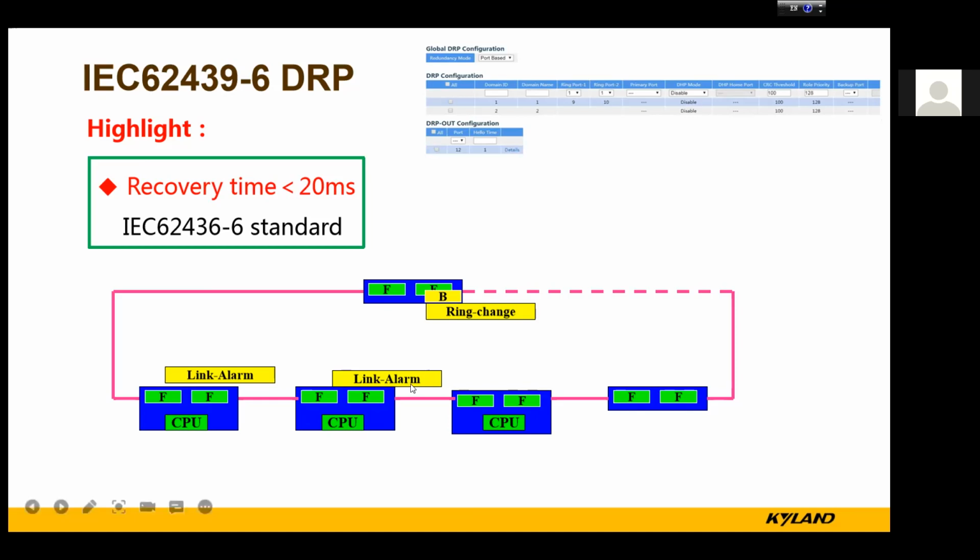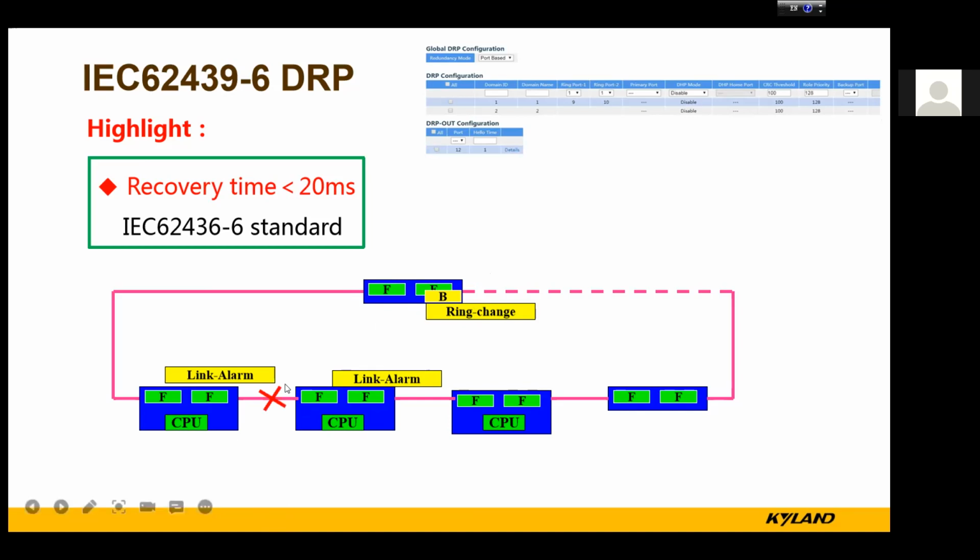And you can see that at the initial status, the root will be automatically selected, and you do not need to configure the root. And there is one block space on the ring.